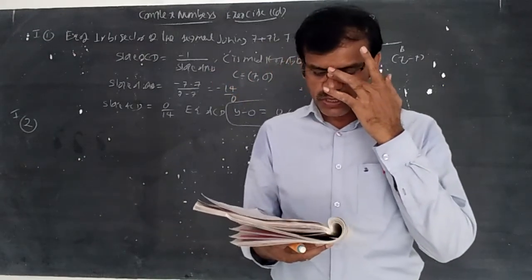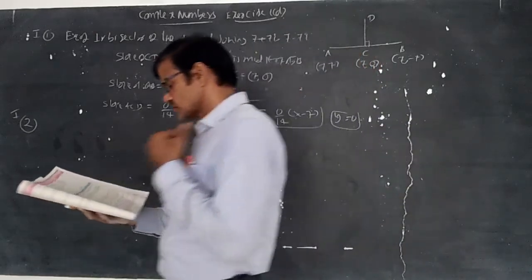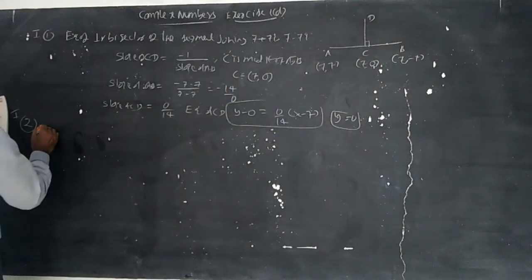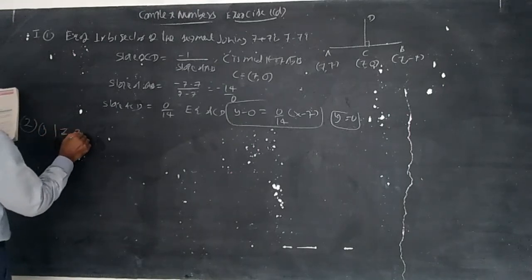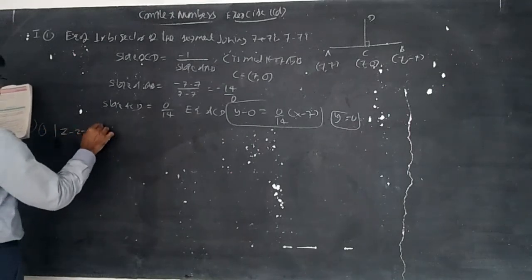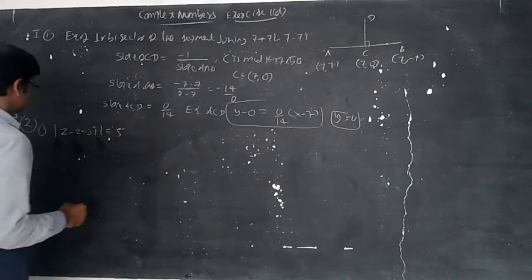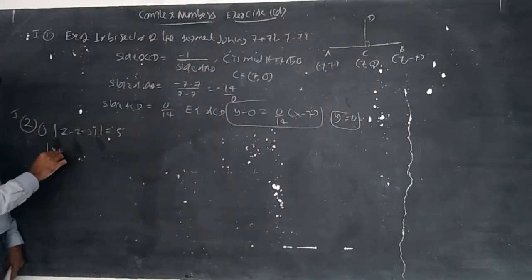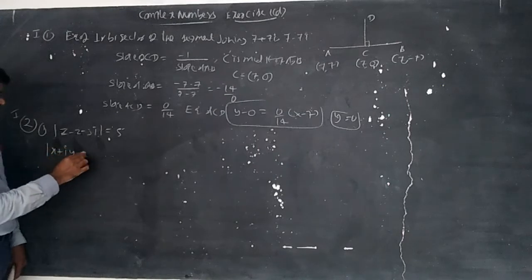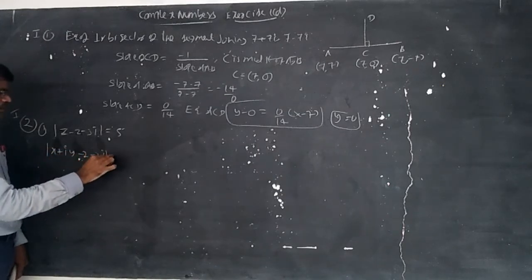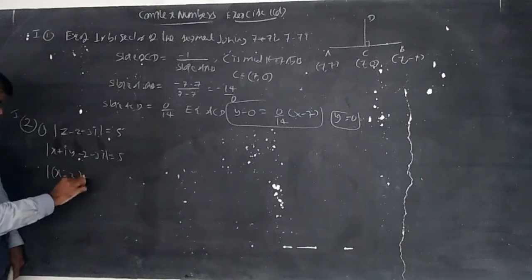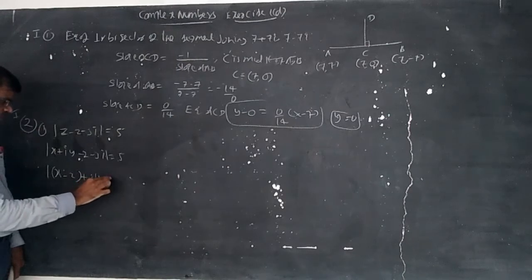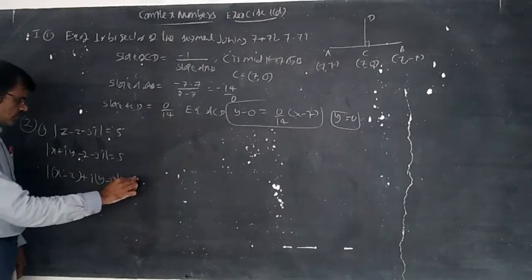First one: modulus of z minus 2 minus 3i is equal to 5. Modulus of x plus iy minus 2 minus 3i equals 5. Modulus of (x minus 2) plus i times (y minus 3) equals 5.